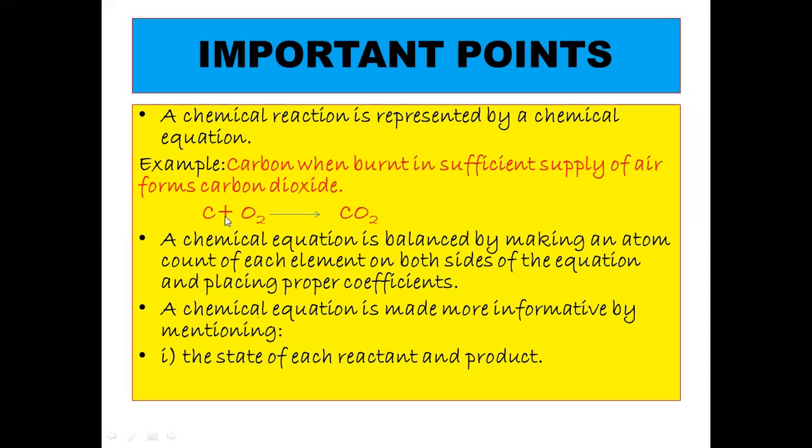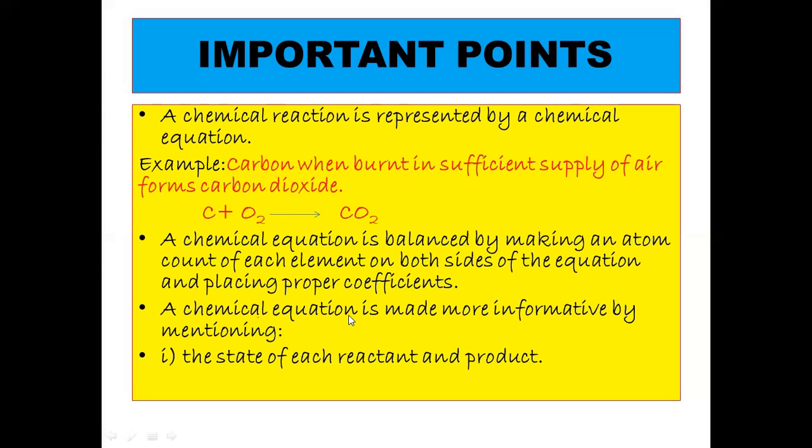Then only can I say that the given chemical equation is a balanced chemical equation. So we should first check the elements present in the entire reaction, then the number of atoms of each element on the reactant and product sides. On both sides, the number of atoms of each element should be equal. Then only can I say that the equation is balanced.